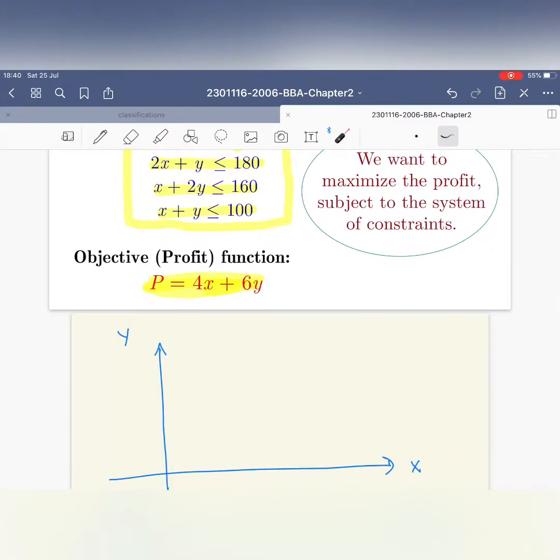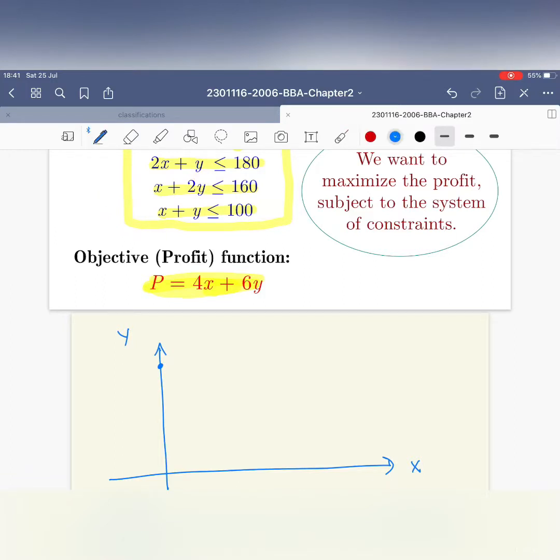And for this one, if x is 0, y immediately is 180. So let's say right here is 180. And if y is 0, you get 2x equals 180, so x is 180 over 2, which is 90.